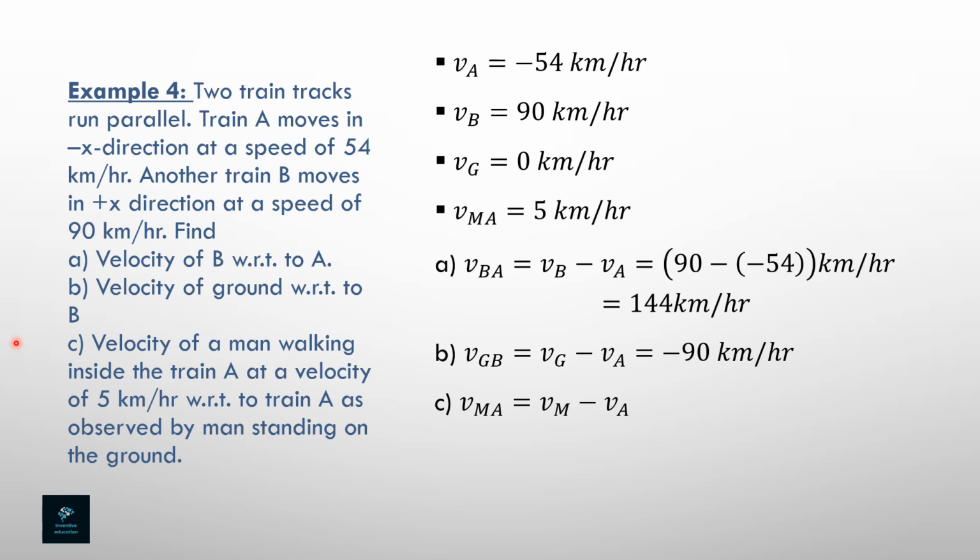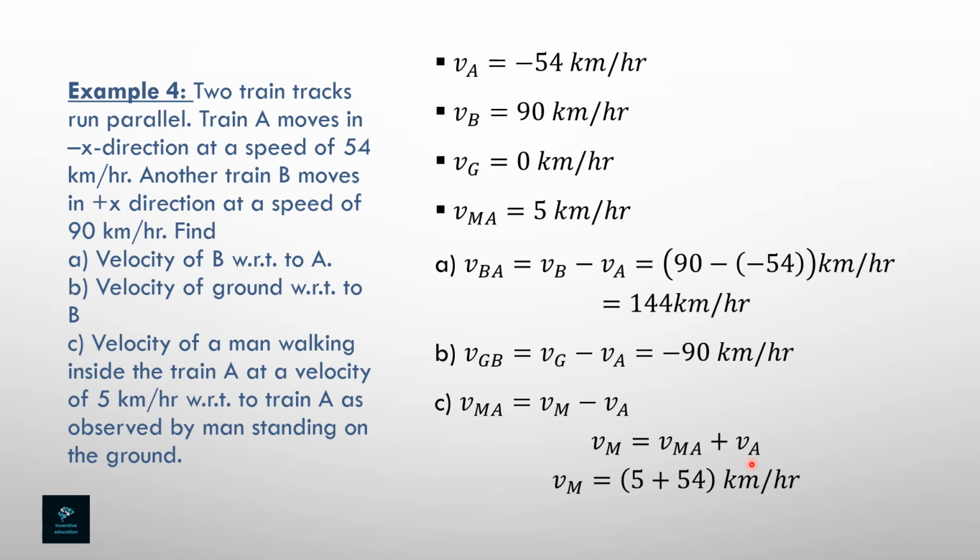We are given that the velocity of the man inside the train with respect to the train is 5 km per hour. The VMA is equal to 5 km per hour, and we also know that VMA is equal to VM minus VA. That means velocity of man with respect to train A is equal to velocity of man minus velocity of the train A. This means that Vm is equal to Vma plus Va.